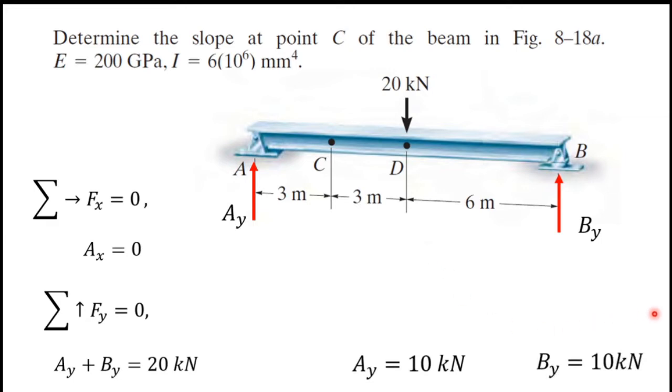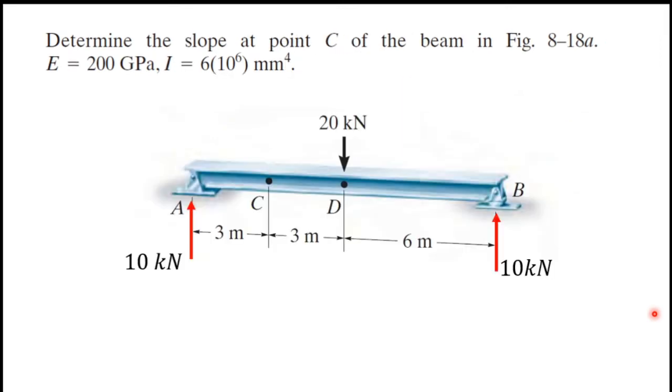Those are simple calculations. In the moment area method, we have to draw the bending moment diagram. Then we have to draw the M over EI diagram. So next I am going to draw the bending moment diagram for this beam. For that I have to divide this beam into two parts. So I will cut this beam through a random point like this and mark this distance as x1.